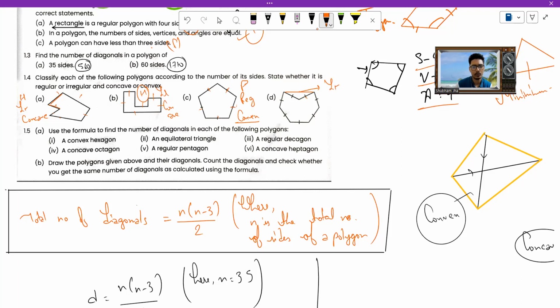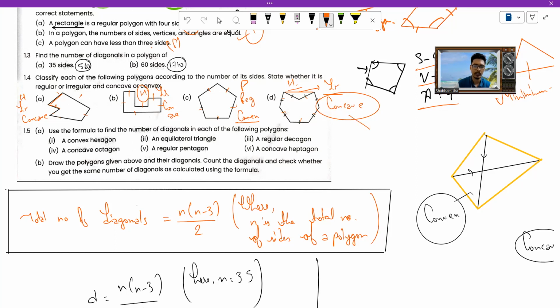Number of sides: 1, 2, 3, 4, 7. 7 sides, so it will be called a heptagon, irregular. And what about concave or convex? It is concave. One thing that we understood now: a concave polygon can never be a regular polygon.